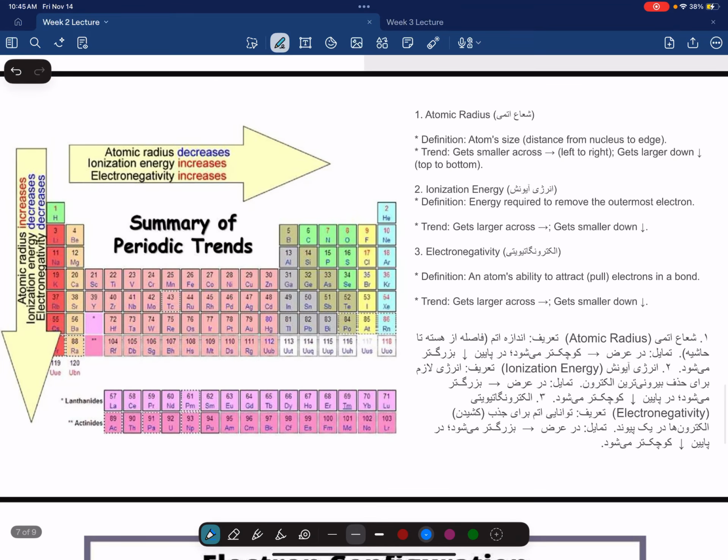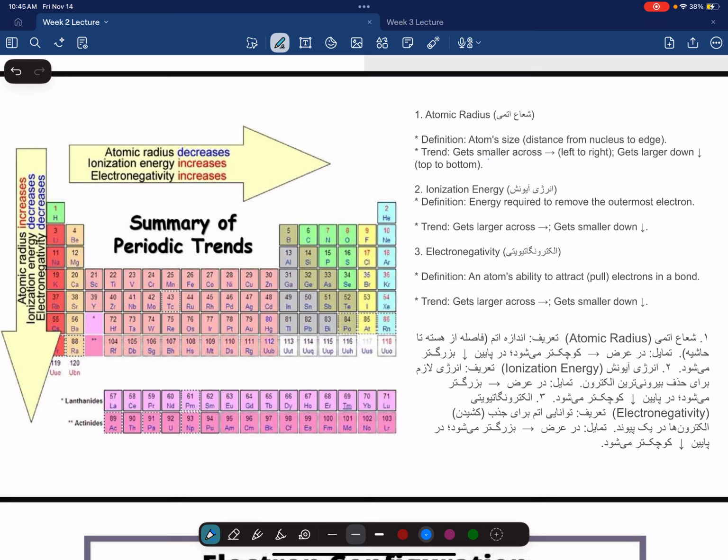And then the next thing is going to be a summary of periodic trends. The periodic trends are just going to tell you how certain things change as you move around the periodic table. For example, atomic radius, which is the atom size, the distance from nucleus to edge.